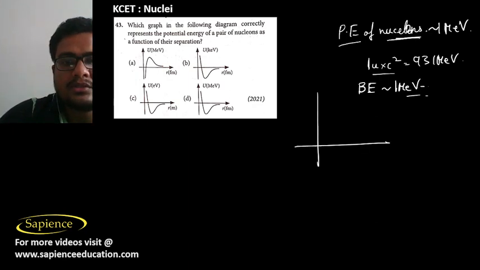When the separation is much higher, the potential energy will tend to 0, and there will be a minimum of potential energy where the separation is at equilibrium, which is called the equilibrium separation of the two nucleons.